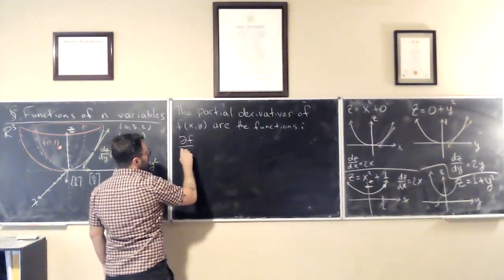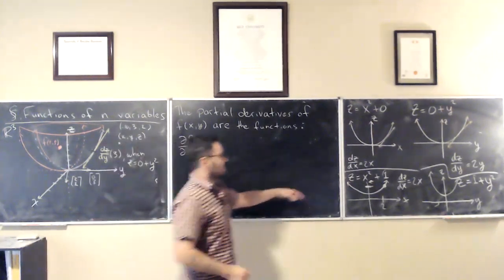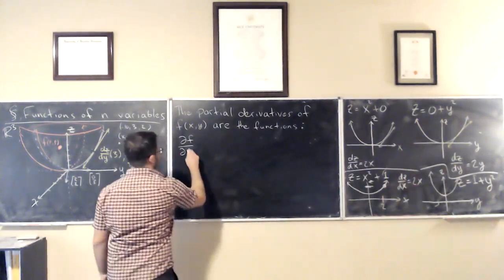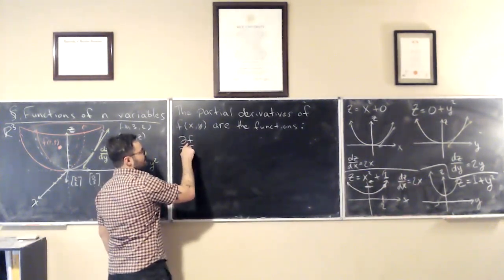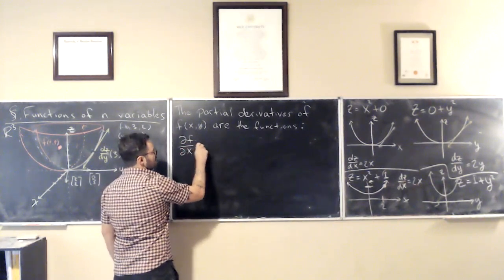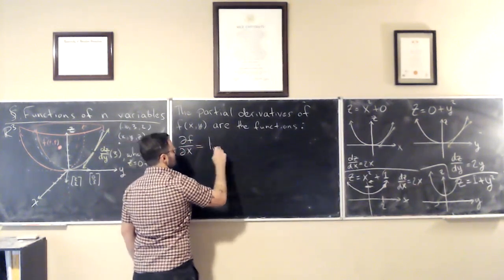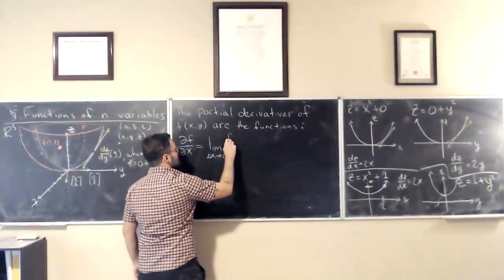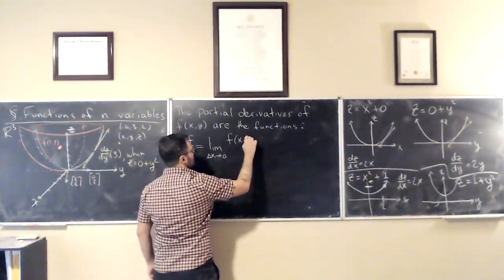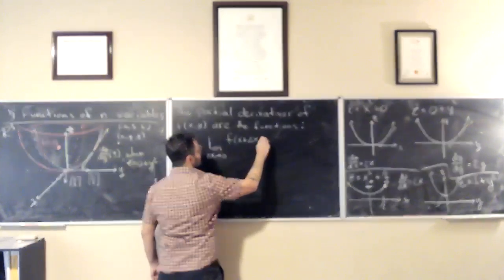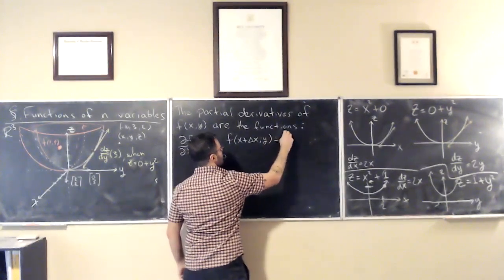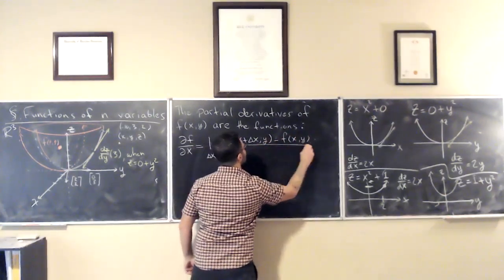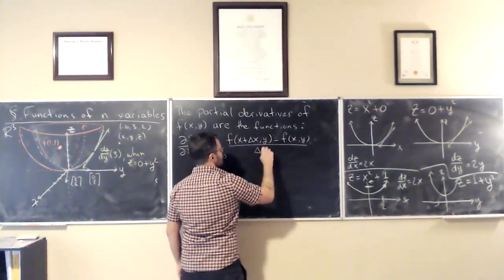Del f. This del is different than the d, to emphasize that this is a partial derivative. So this is the derivative of f with respect to x, and that's going to be the limit as delta x goes to 0 of f of x plus delta x comma y minus f of x comma y over delta x.